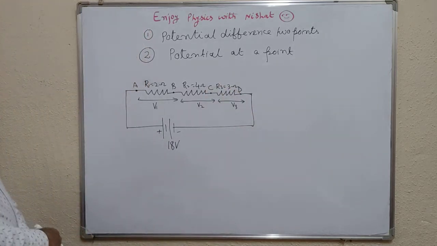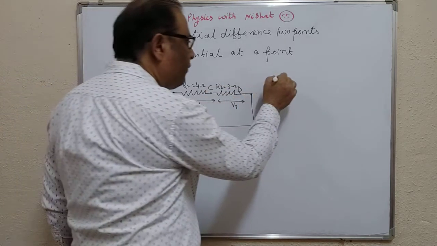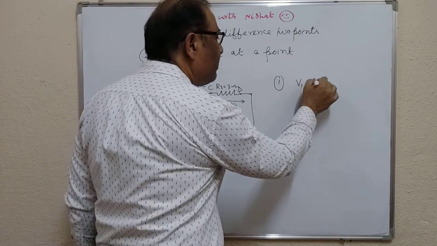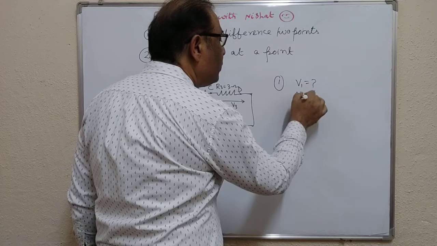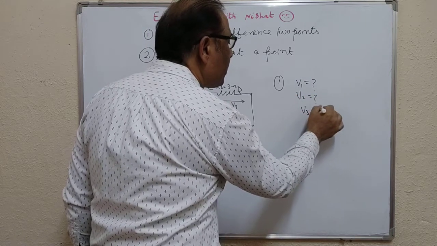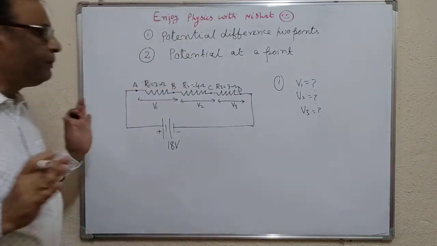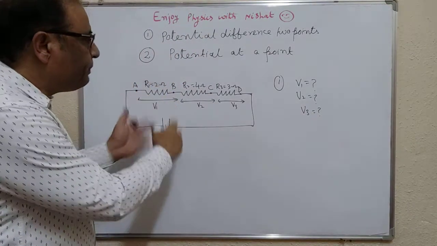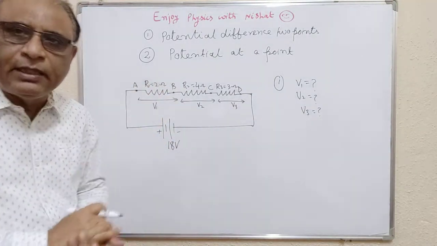So in the first question we are going to find out V1, V2, and V3, that is the potential difference between AB, BC and CD.